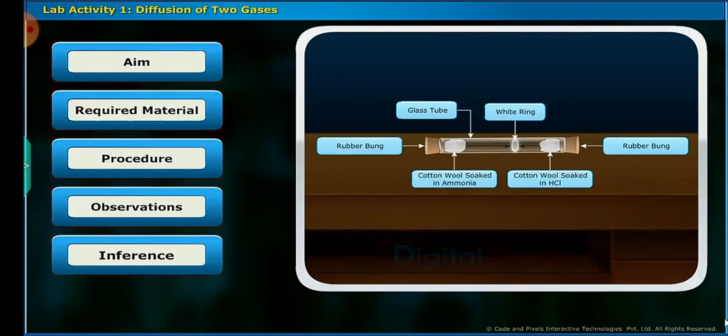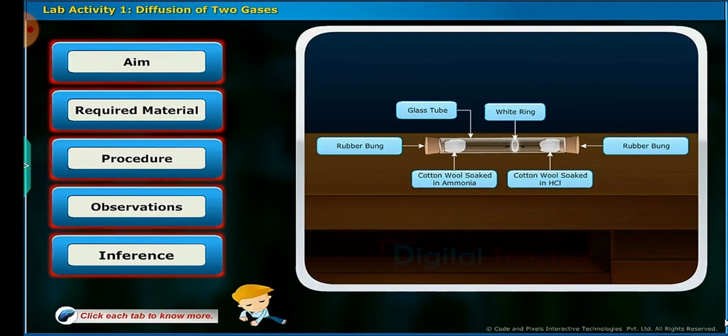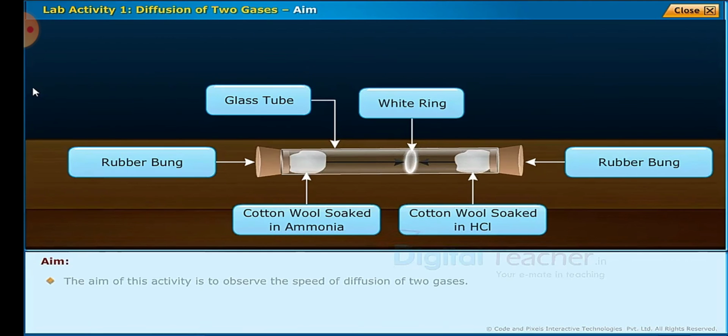Let us do a lab activity to observe the speed of diffusion of two gases. Click each tab to know more. The aim of this activity is to observe the speed of diffusion of two gases.